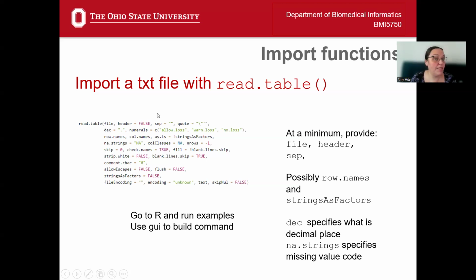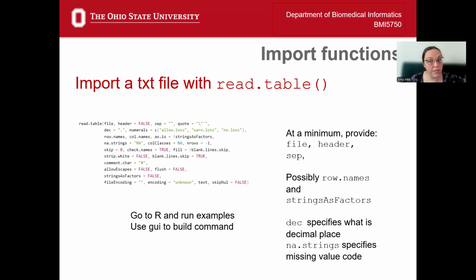Maybe you had a comma delimited file, you would put a comma there. But by default, the separator is nothing. So you need to tell read.table what to separate your file by. This is a lot like when you open a text file in Excel and you need to tell Excel how to divide up the columns, or everything's going to get squished into one column.